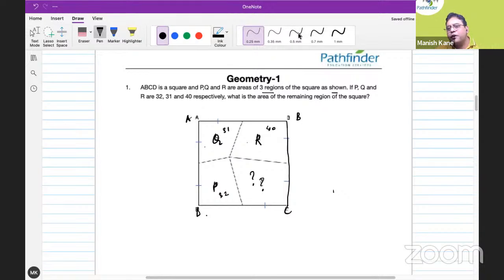Anyone who's able to solve now? Anyone got the answer?